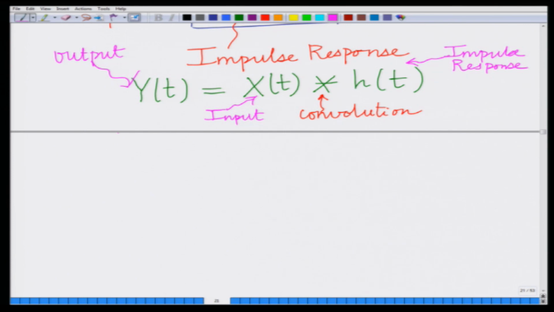The output of this system y of t is the input x of t convolved with the impulse response h of t of this system, and the convolution operator can be represented in the time domain as follows.